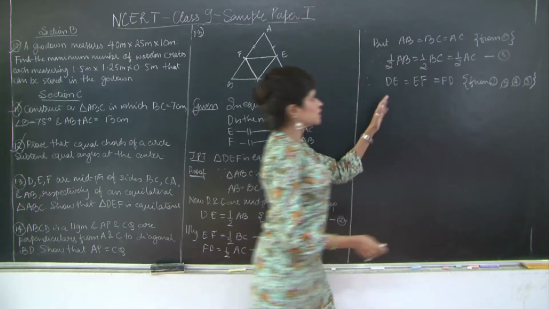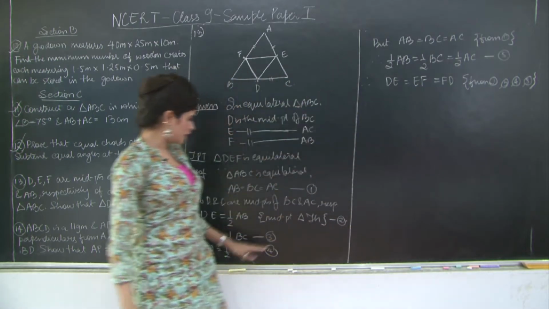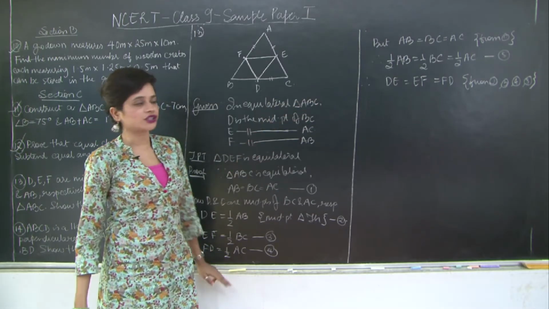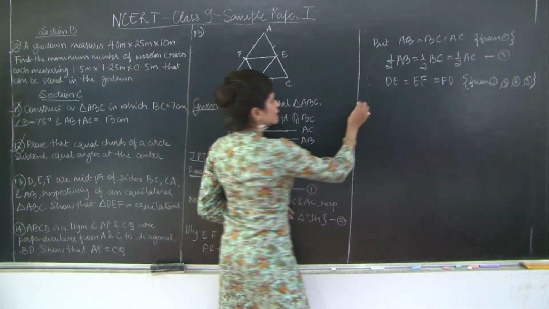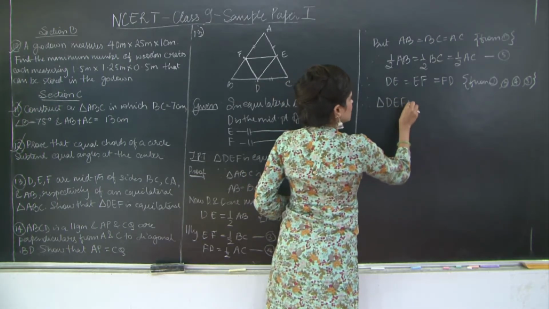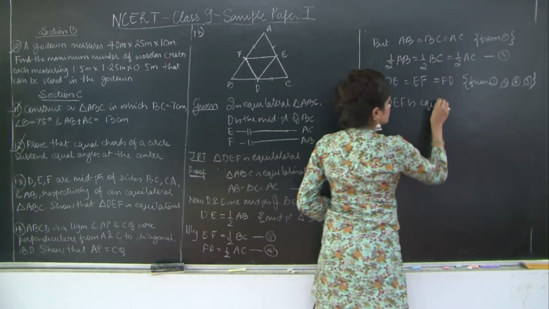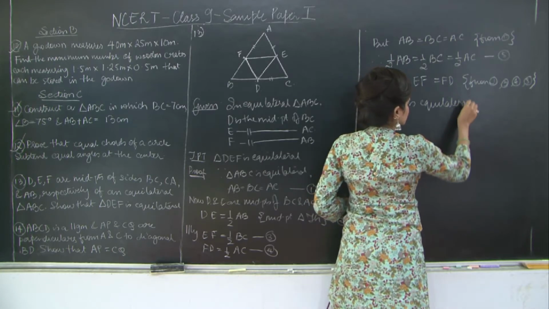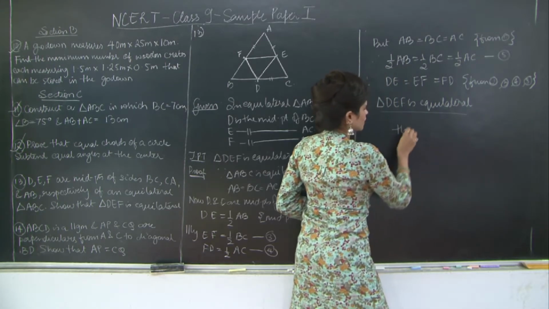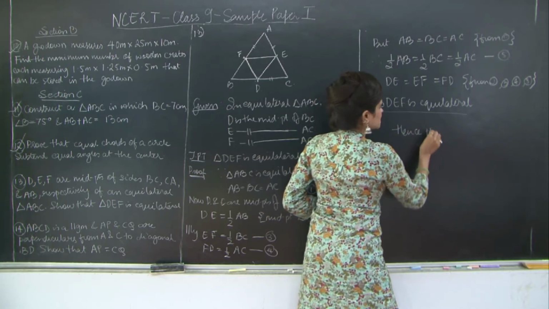What we did is we just substitute the values for half of AB, half of BC and half of AC in equation number 5. Therefore, triangle DEF is equilateral because all the sides are equal to each other. So I will say hence proved.